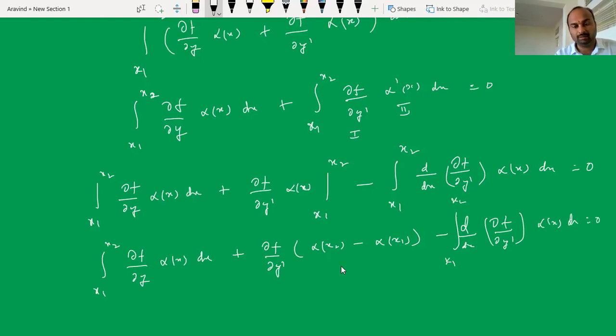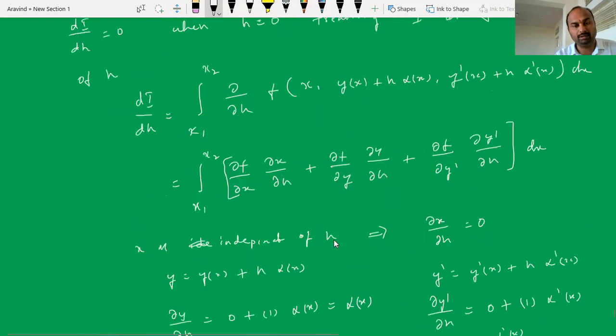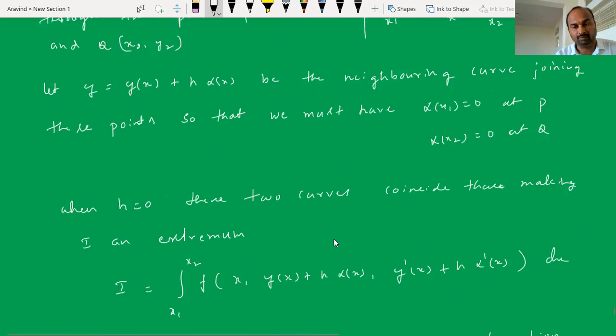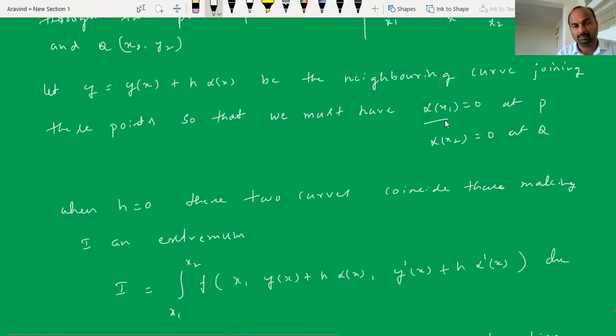See, already we have taken α(x1) and α(x2) equal to 0 while assuming the function itself. You see here, α(x1) and α(x2) both are zeros.